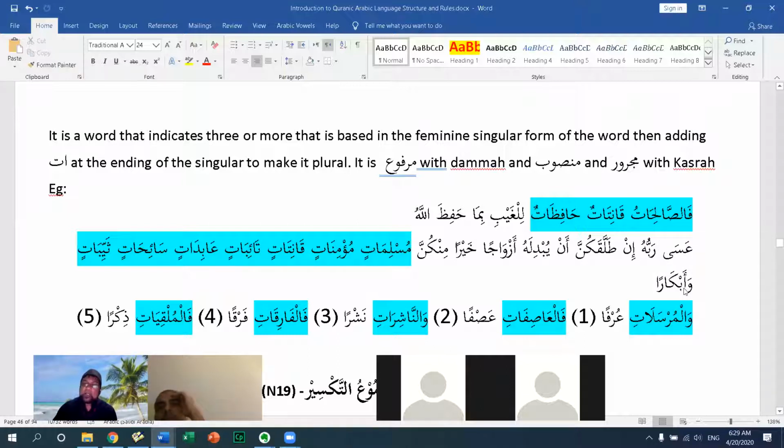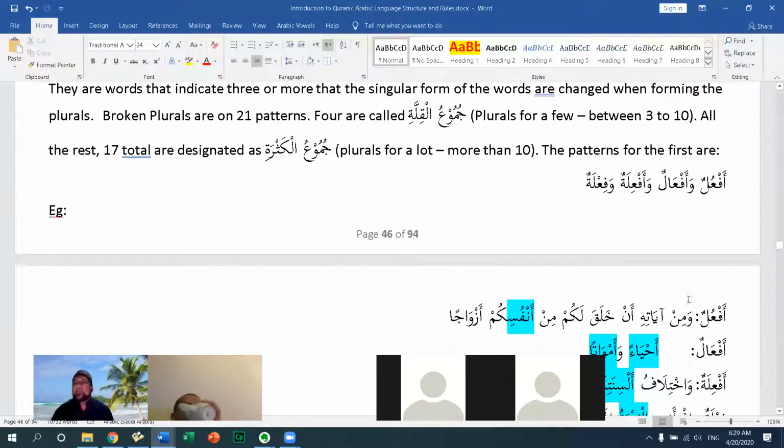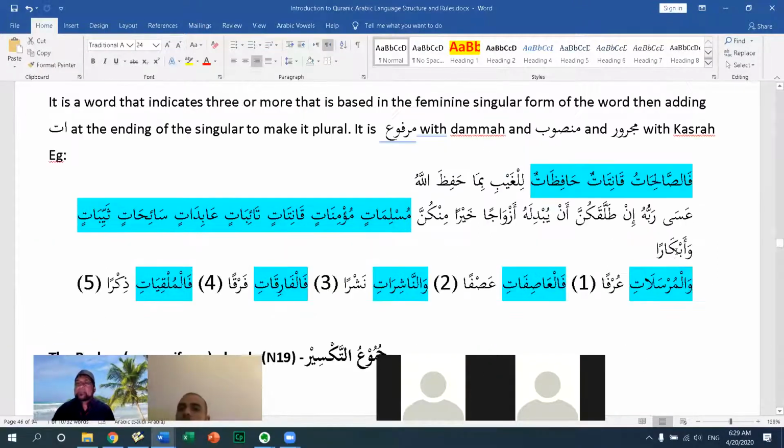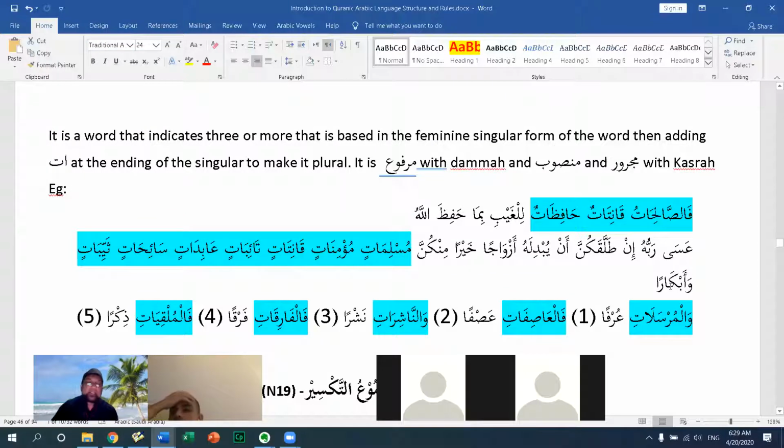It is a broken plural, abkaran, on the pattern of af'al. Abkar, from bikr. The word bikrun means virgin. Abkar, virgins. Wa abkaran, sifa for azwaj.